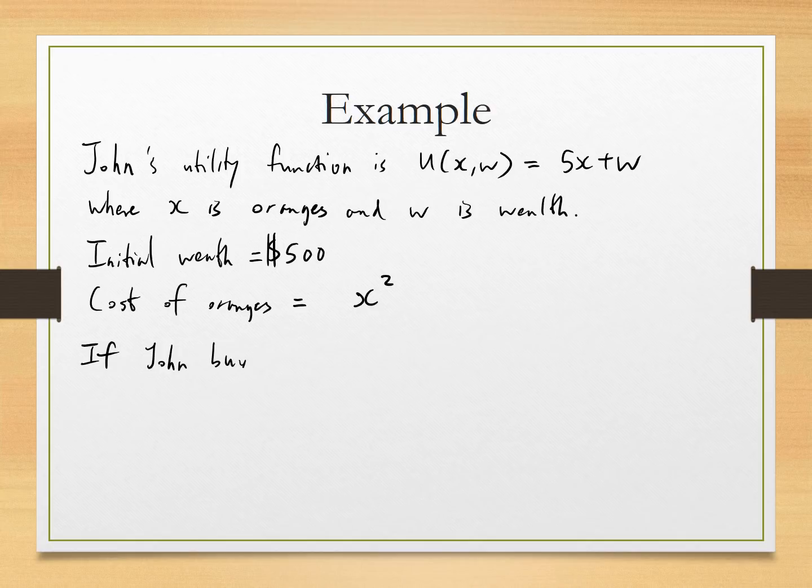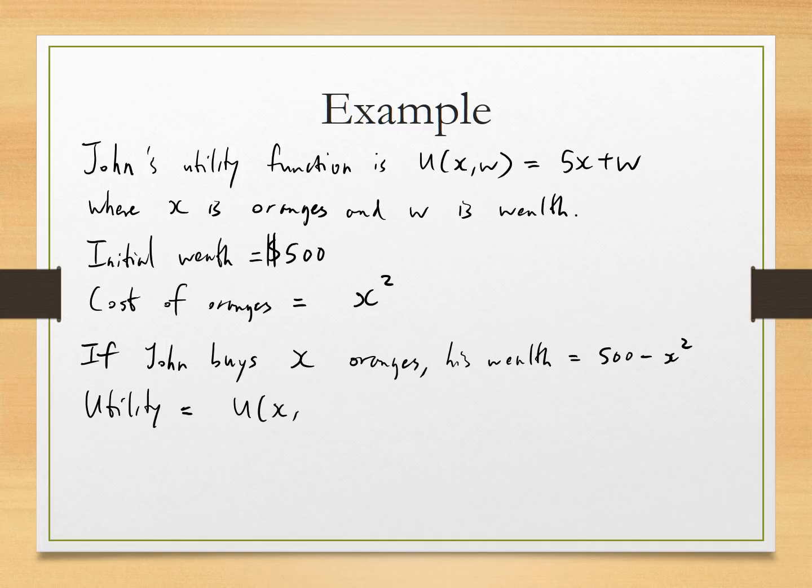If John buys x oranges, his wealth equals 500 minus x squared. Utility equals u(x, 500 minus x squared), that is 5x plus 500 minus x squared. That's the utility function.